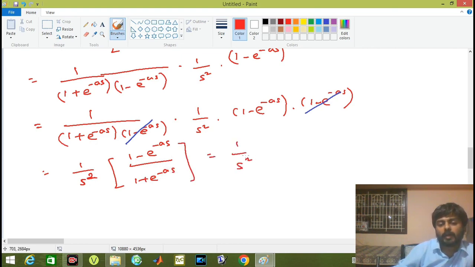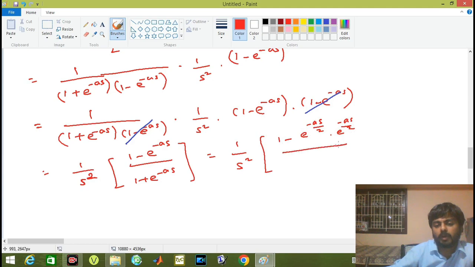So here we are going to apply the same idea which we had applied in the previous problem. So I am writing it as 1 minus e power of minus as by 2 into e power of minus as by 2, divided by 1 plus e power of minus as by 2 into e power of minus as by 2.